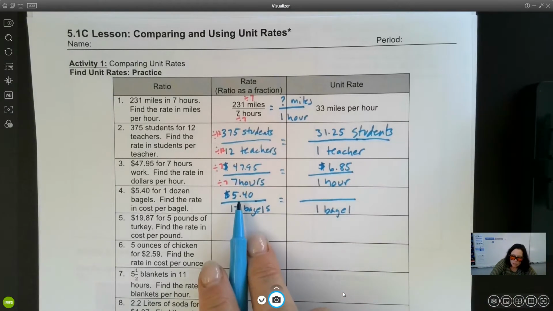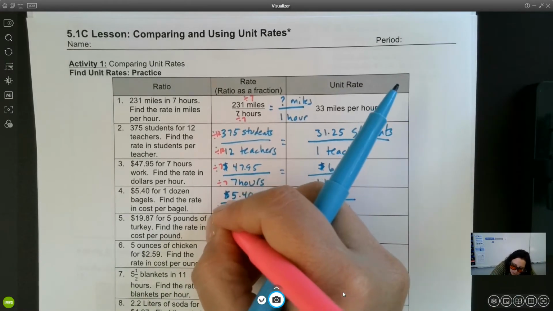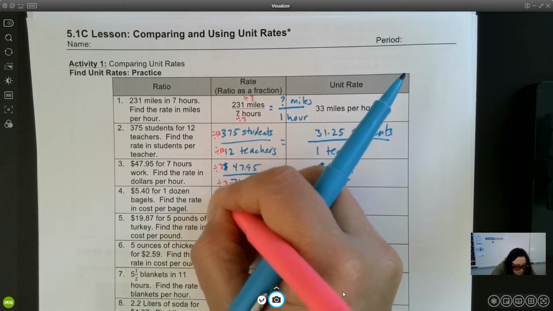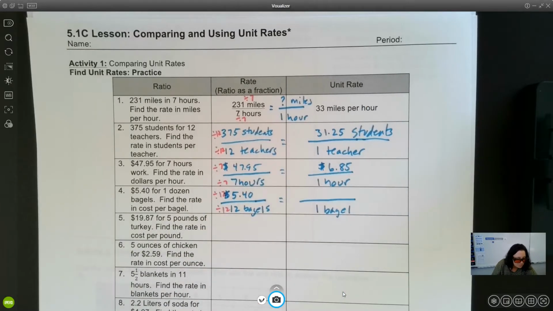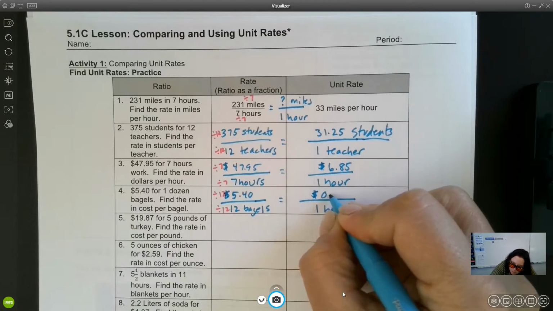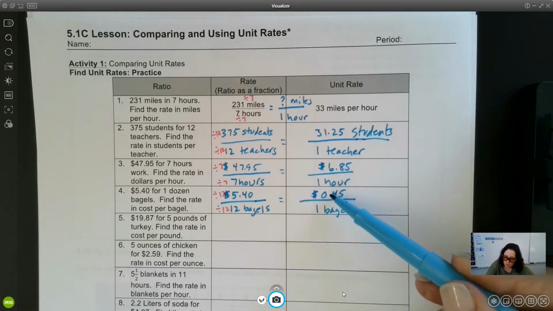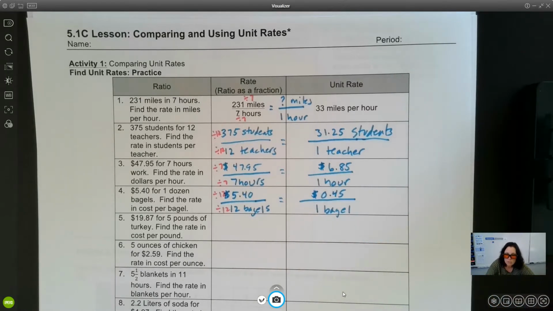So $5.40 divided by 12, we're going to divide by 12 on this one. And that comes out to be 45 cents a bagel. You can either write it like this, $.45, that means 45 cents, or you could write 45 with a cent symbol after it.